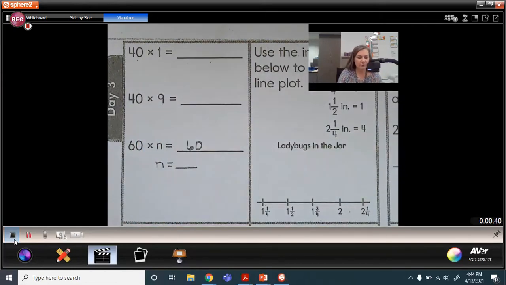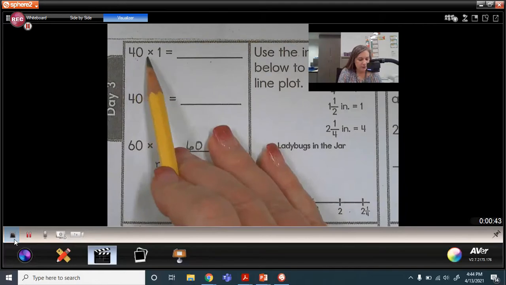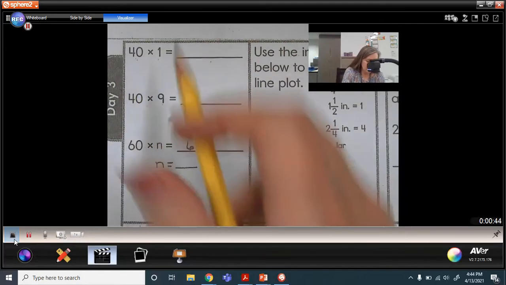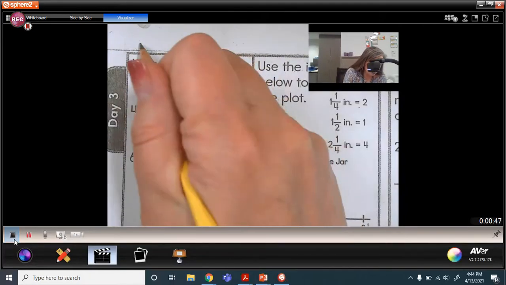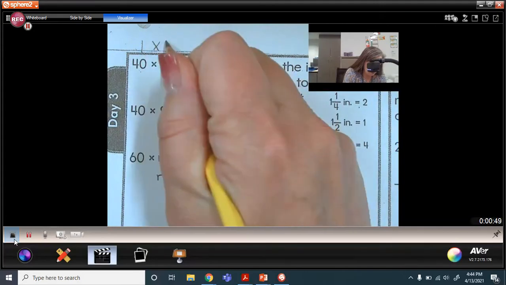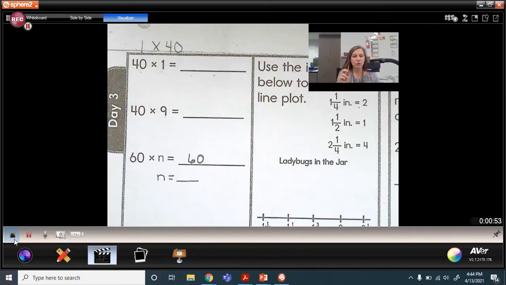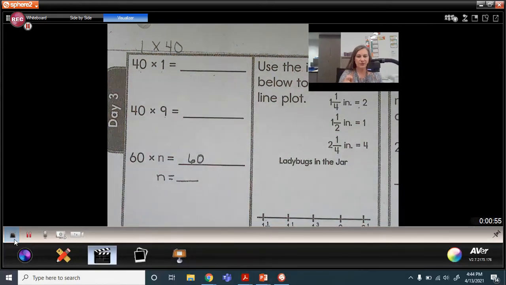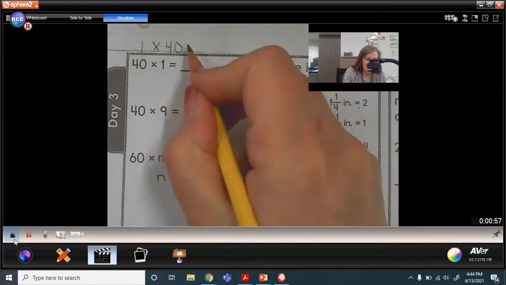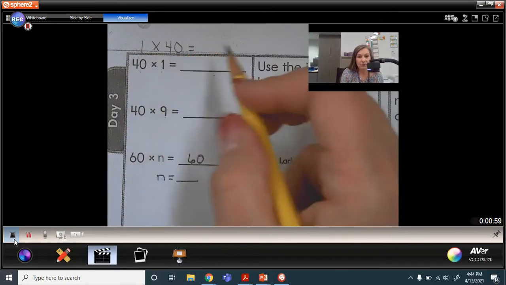So we are looking for 4 groups of 1, or we can also write this using our order property. Remember we had this conversation the other day. We asked, what is it called whenever you can switch the factors in multiplication? We call that the order property of multiplication.